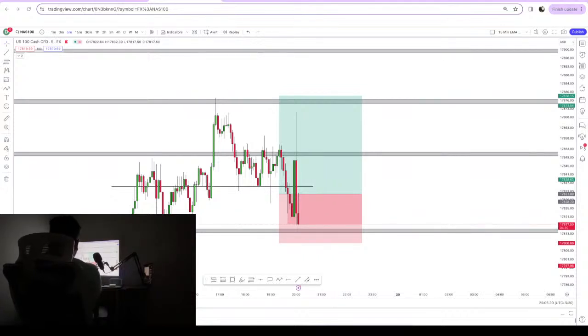So just wait and watch for any clear direction from the market. Don't have any FOMO. Don't think to rush. Just wait and watch. It's not necessary to press the button and take a trade.